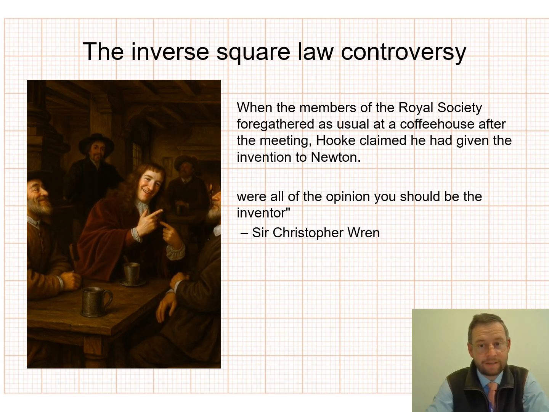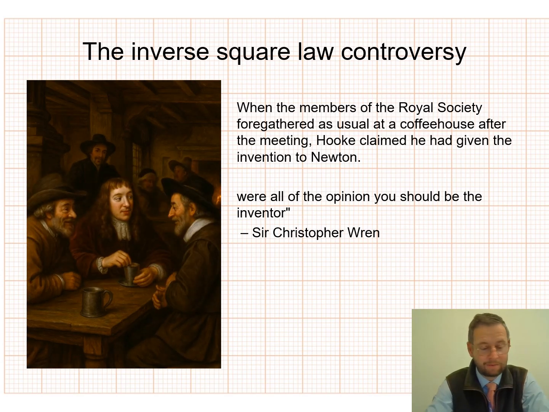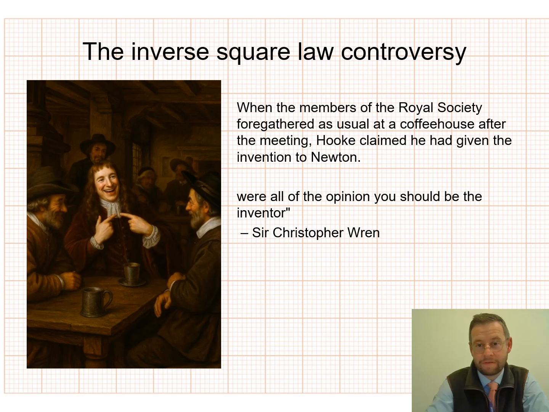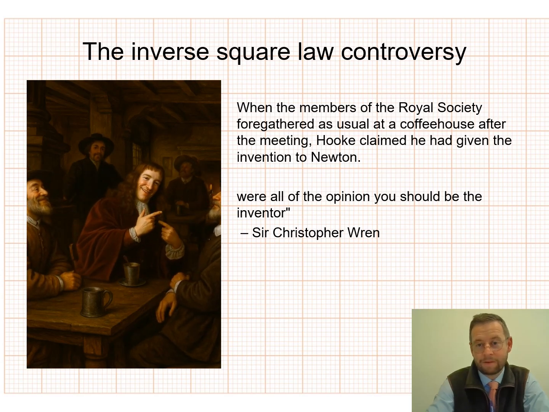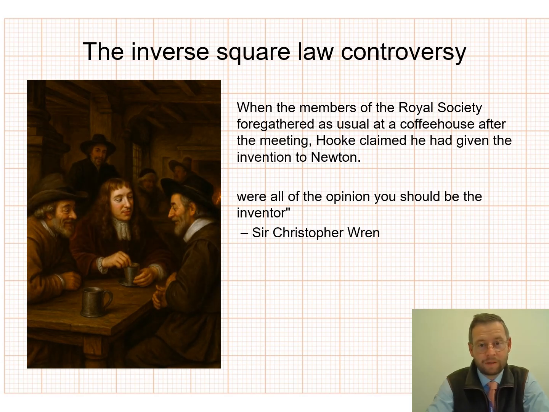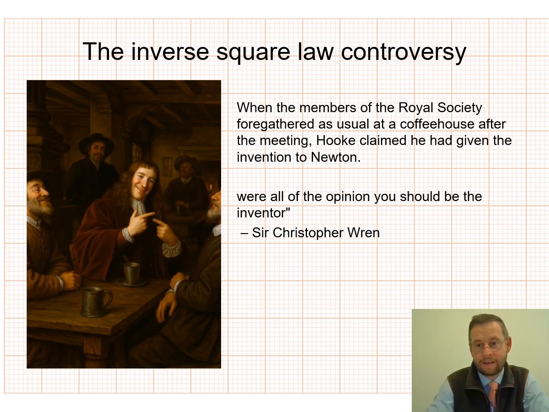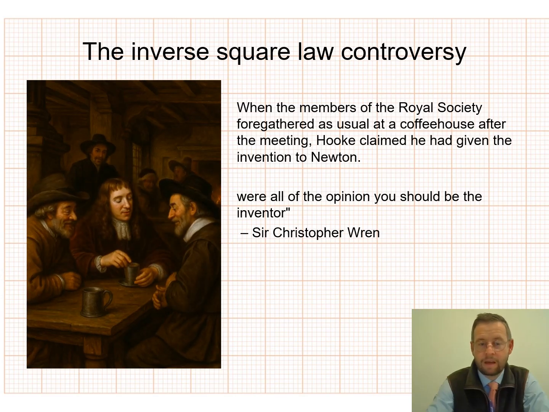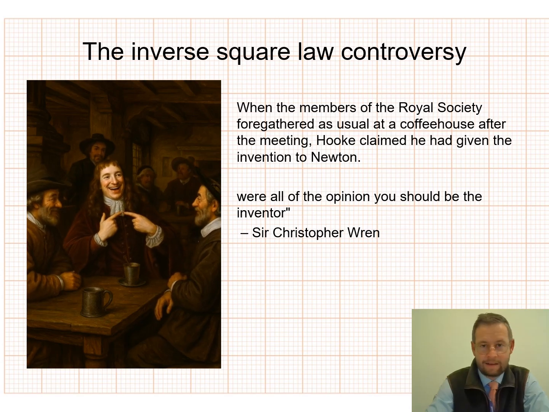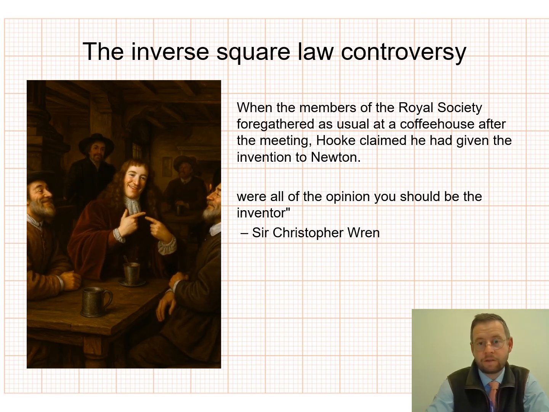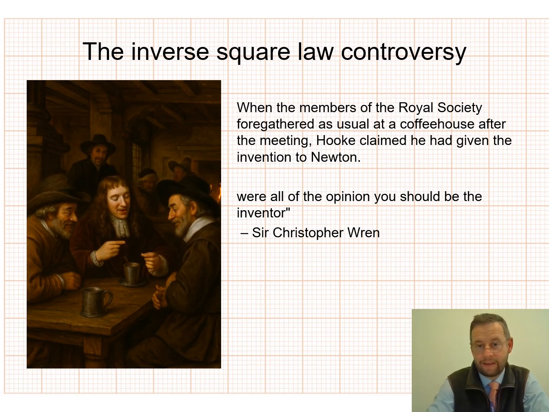Now, no such conversation had happened, in fact, as we have got documented proof that Robert Hooke was not being truthful when he said that he had directly given the invention to Newton. Of course, everybody else there knew Newton and had spoken to Newton for the last decade about the inverse square law.